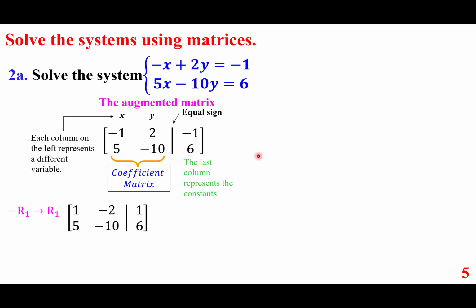And remember how the row echelon form works. Underneath, you have to make it 0. So I've got to change this to 0. How do I make this 0? If I multiply this one by 5 and subtract it from this, or minus 5r1 plus r2 becomes a new one. In other words, remember, I can multiply an equation by any number and add it to the other equation.